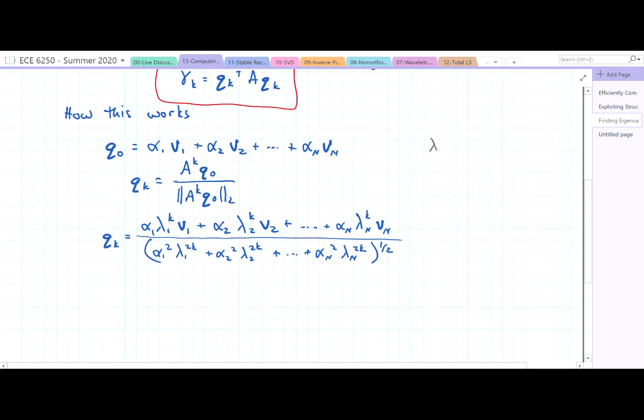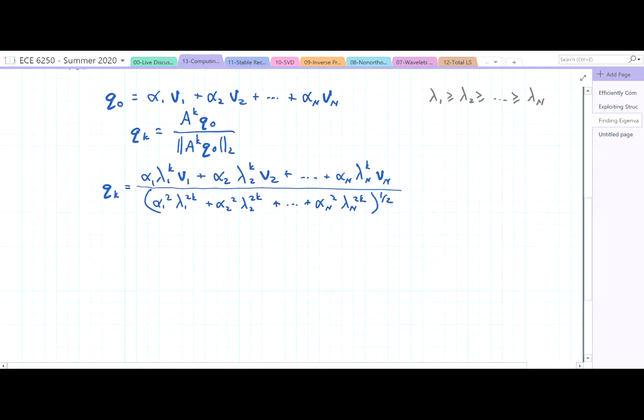Once again, we assume that we have everything sorted as usual in descending values. Well, if lambda 1 is the largest eigenvalue, then this term dominates as k gets large.